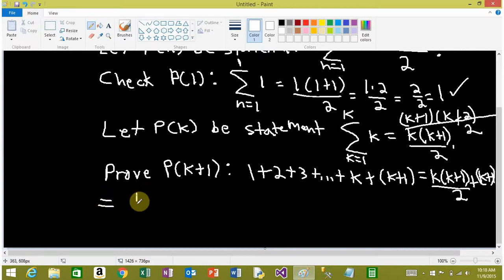So that's going to be equal to k times k plus 1 over 2 plus 2 times k plus 1 over 2.